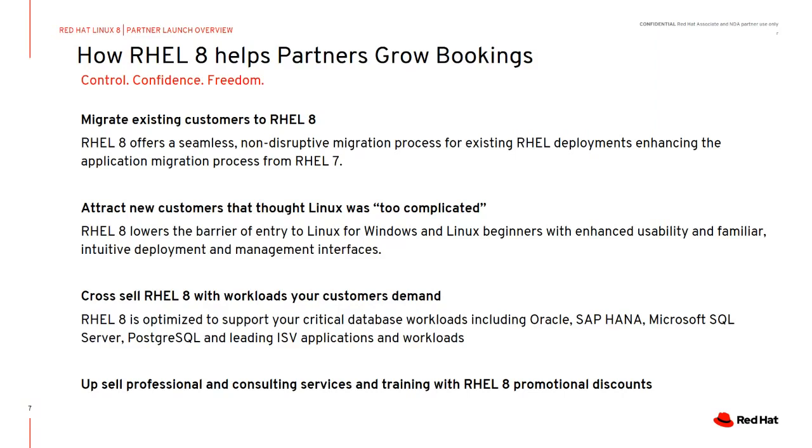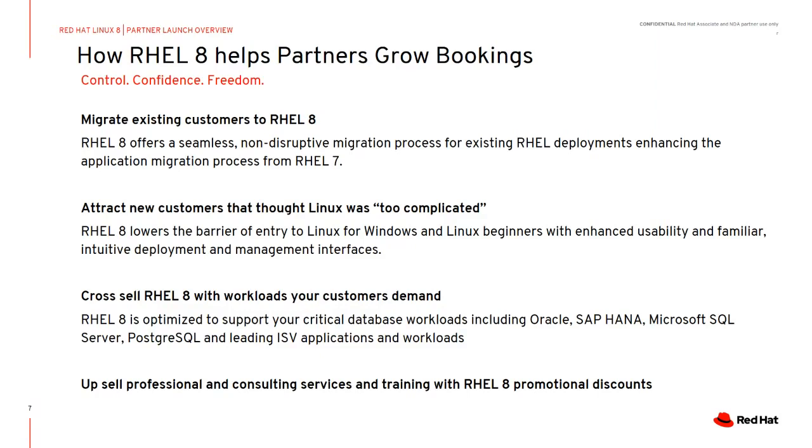So cross-sell RHEL 8 with workloads your customers demand. RHEL 8 is optimized to support your critical database workloads, including Oracle, SAP HANA, Microsoft SQL Server, PostgreSQL, and leading ISV applications and workloads. So why are we talking about the critical databases? Critical databases provide the highest level of application availability to the customers, right?